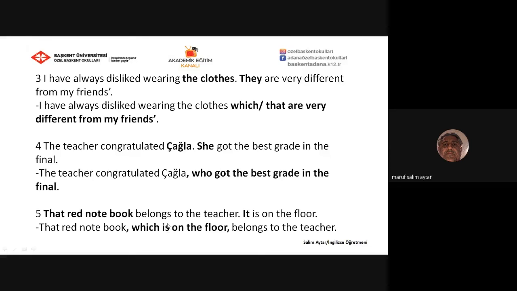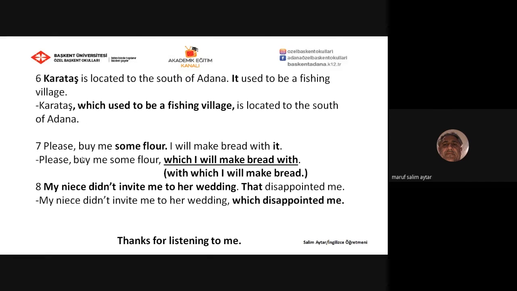This just gives extra information about that red notebook, which is already defined. Karataş, which used to be a fishing village, must be put into commas, is located to the south of Adana.